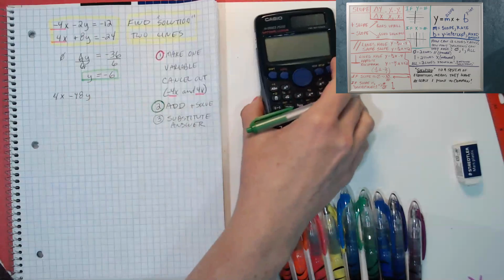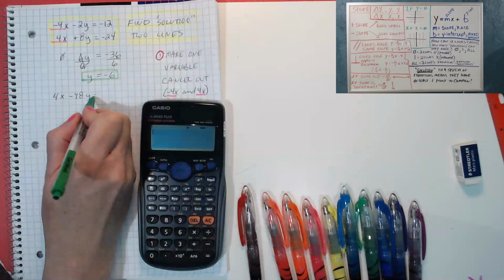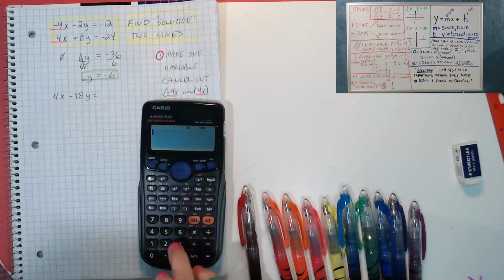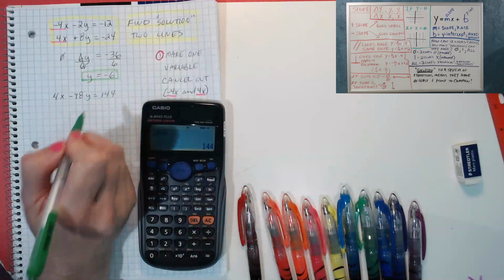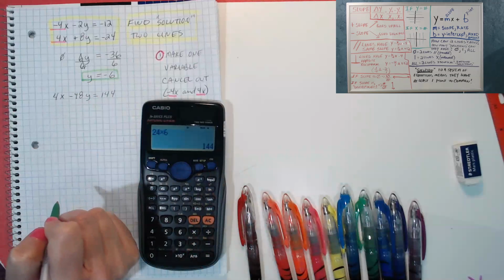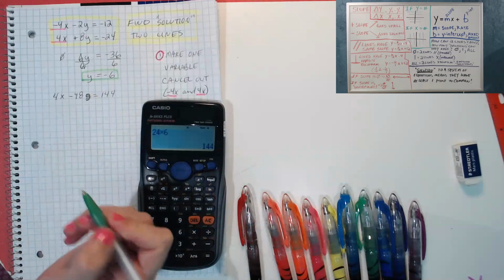Oh, I should have showed that. That's okay. Four. It's positive. I'm sorry, the y is the negative 6.